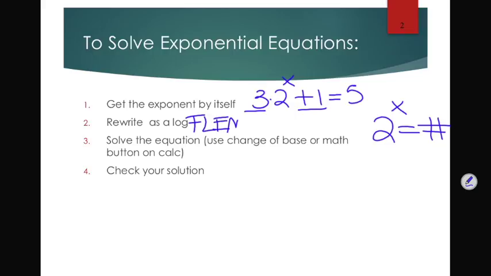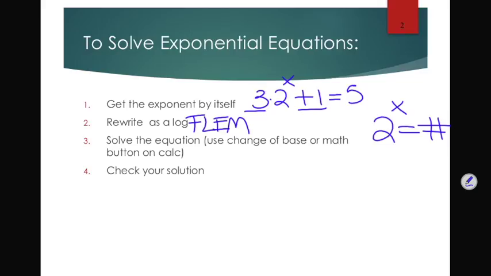And then we're going to rewrite as a log, and this is going to be using first, last equals middle. So when we were solving logs, we rewrote as an exponent because the exponent was the inverse. Now when we rewrite as a log, the inverse of exponents is logs. So that's why we need to rewrite it as a log so that we can get the x out of the exponent.